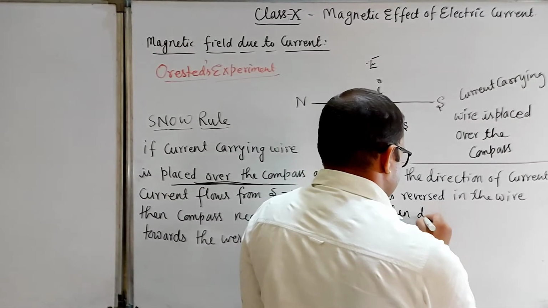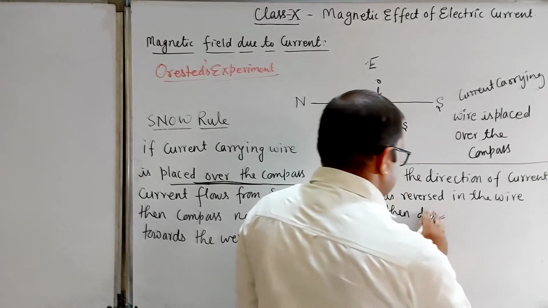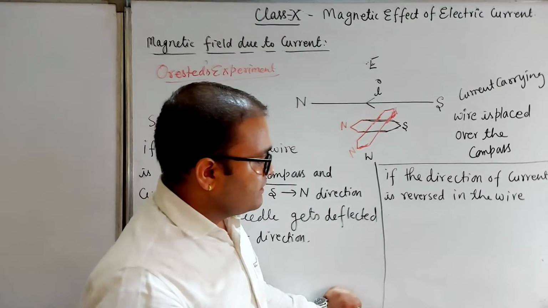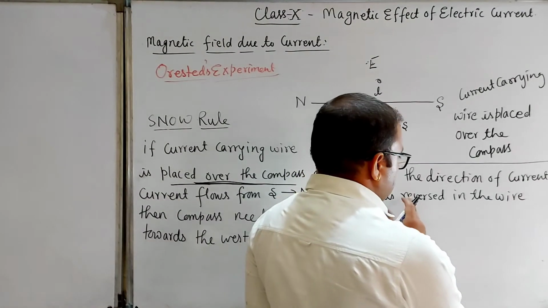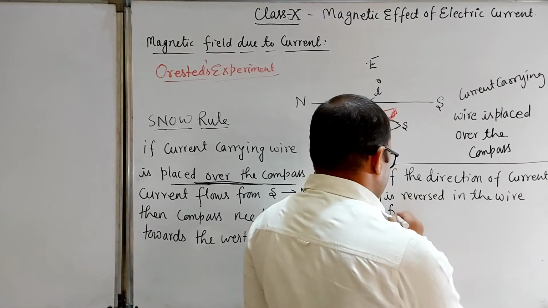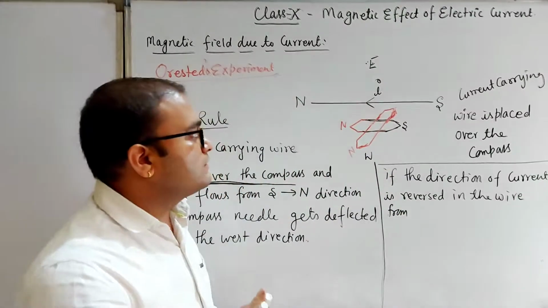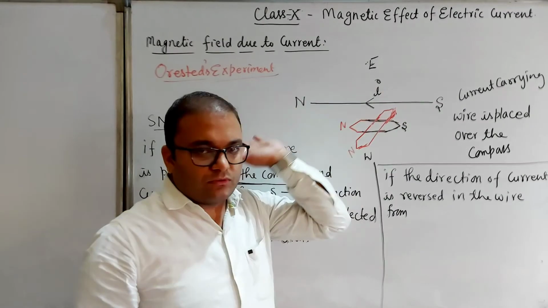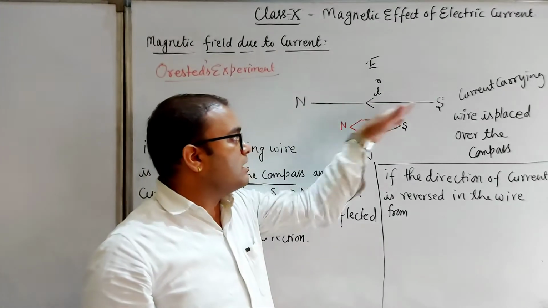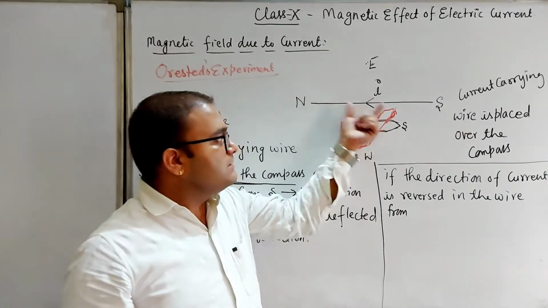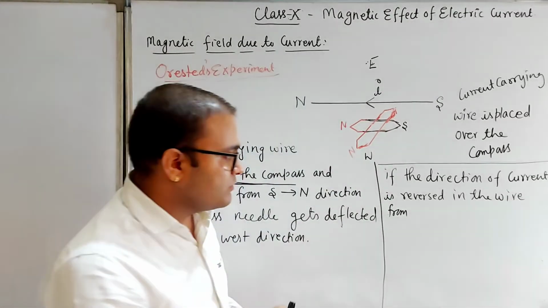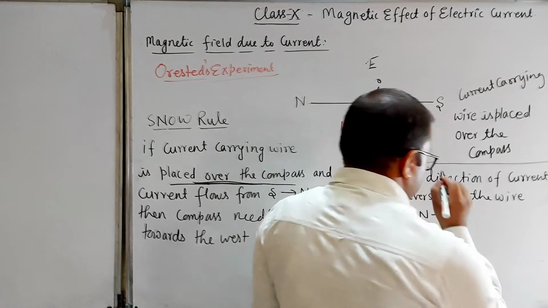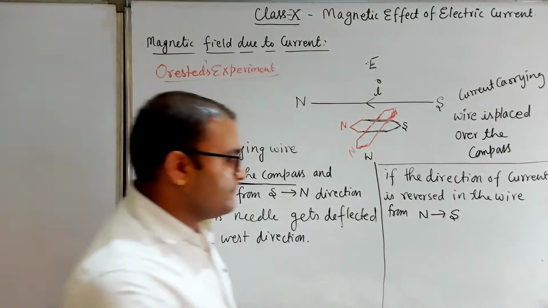Suppose now current is flowing from north to south, opposite to the first case. Then what will happen?